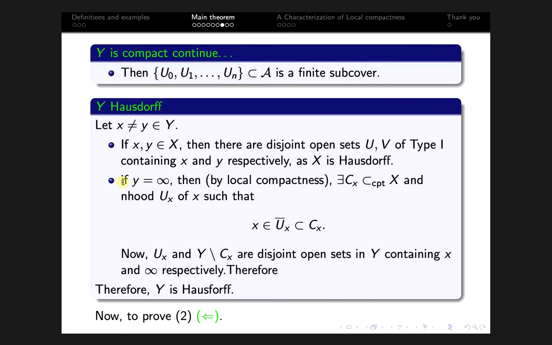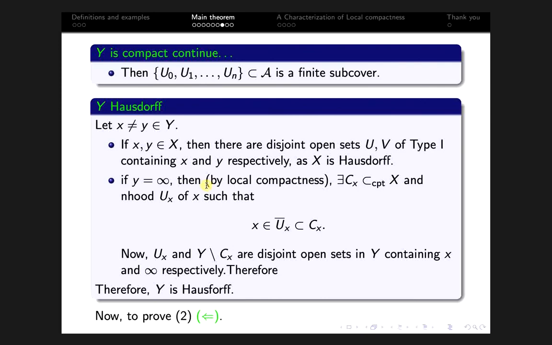Now in the second case, if one of them is infinity, suppose y is infinity, then here we use local compactness of X. So by local compactness of X, little x is a point in X, so the local compactness property says that there exists some compact subset, denoted by Cx, in X that contains an open neighborhood of x.